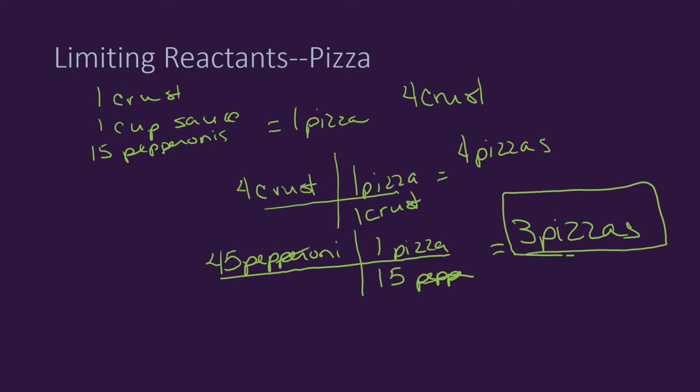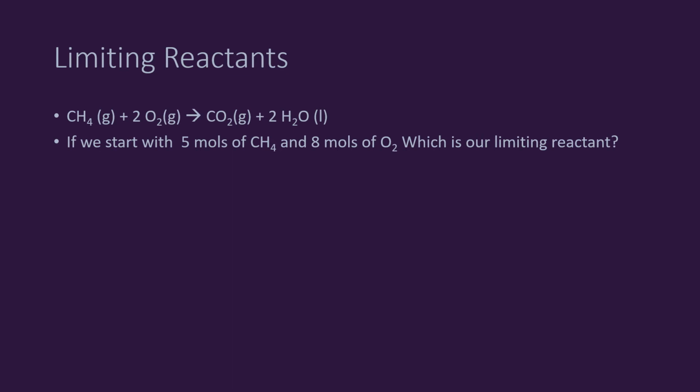So let's apply this to chemistry. If we have this reaction, methane plus oxygen yields carbon dioxide and water, and it is balanced already. If we start with 5 moles of methane, how much carbon dioxide can we have?